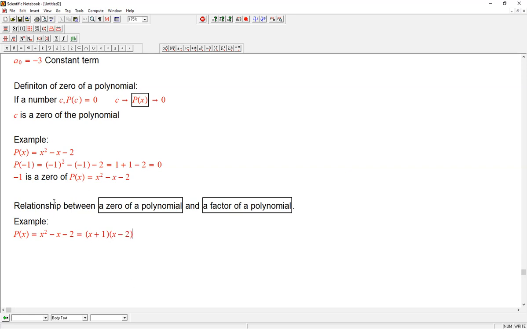It looks like -1 is a zero of the polynomial, and x plus 1 is a factor of the polynomial. That is the relationship. Is this relationship always true? The answer is yes. It's been proved. We're not going to prove it, so we're just going to enjoy the result. So here we have the following: real zeros of polynomials.